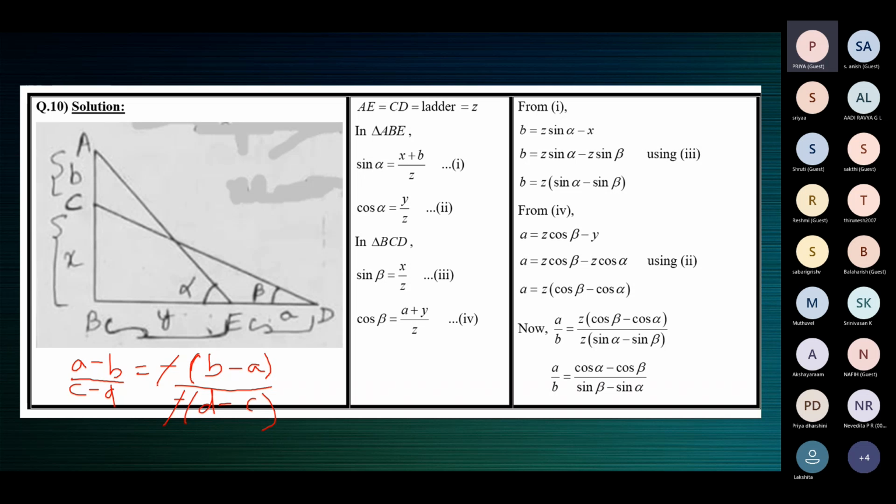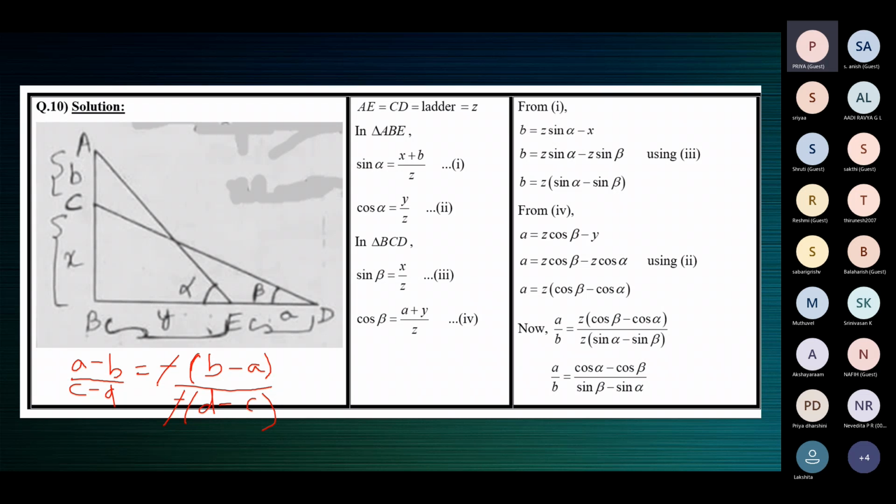Cos beta minus cos alpha, sin alpha minus sin beta. So the numerator cos beta minus cos alpha is written as cos alpha minus cos beta, and the denominator sin alpha minus sin beta as sin beta minus sin alpha. So actually the minus was taken out common. Maybe I'll include that step and show you the answer.